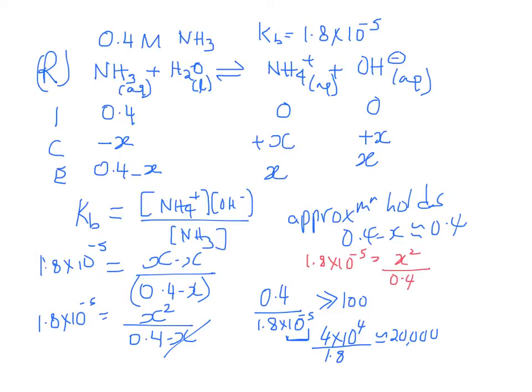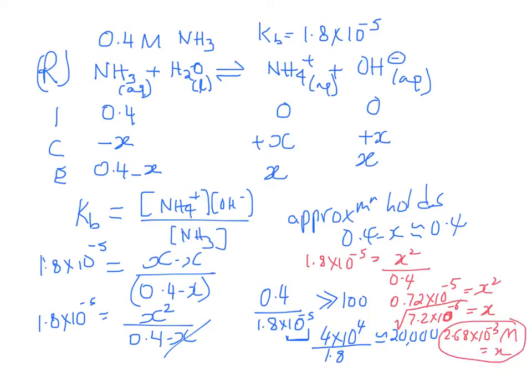And now when you solve this, you would say 0.72 times 10 to the negative 5 is equal to x squared, or 7.2 times 10 to the negative 6. The square root of that is going to be x. So if you run the numbers on your calculator, I have 2.68 times 10 to the negative 3 molar as the value of x.